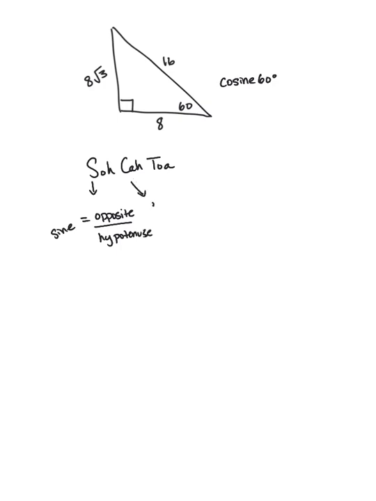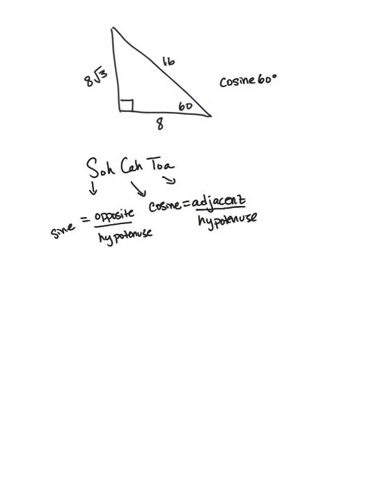Cosine is adjacent over hypotenuse. Now, the hypotenuse will always be adjacent to the angle as well, but the hypotenuse is already called the hypotenuse, so you can't call it the adjacent as well. So the adjacent and the hypotenuse form the angle.